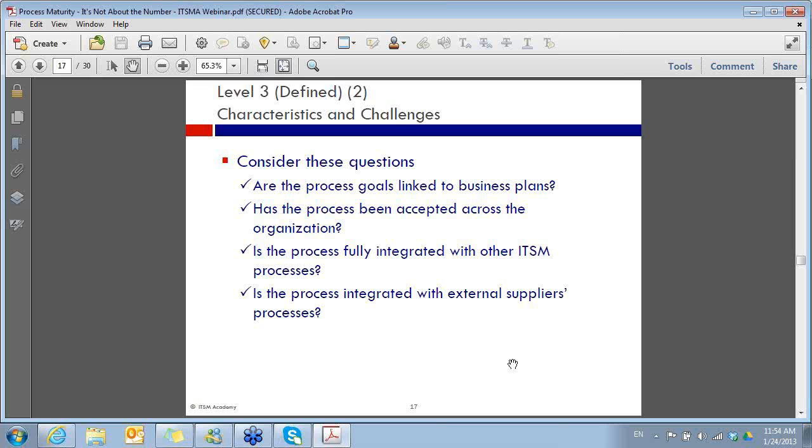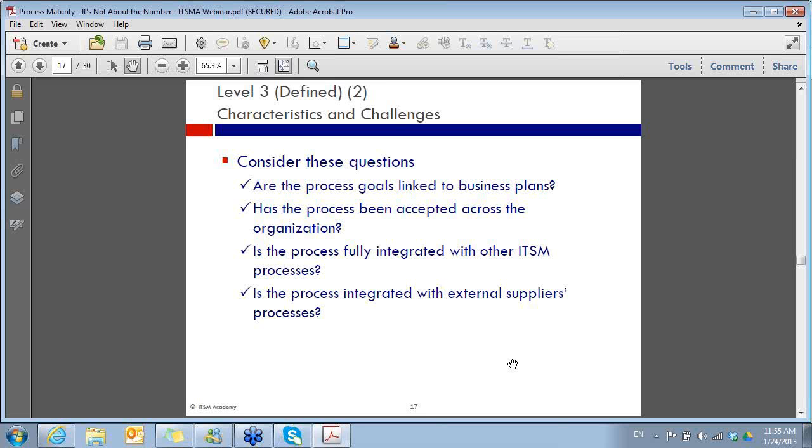If we have multiple parts of the organization executing a process, are they doing it consistently in those two organizations? How's the integration with our supplier processes? A lot of you are probably struggling with cloud-based computing right now. Cloud-based computing does absolutely change the way organizations do business, and it really requires that you get really serious about things like change management, right?